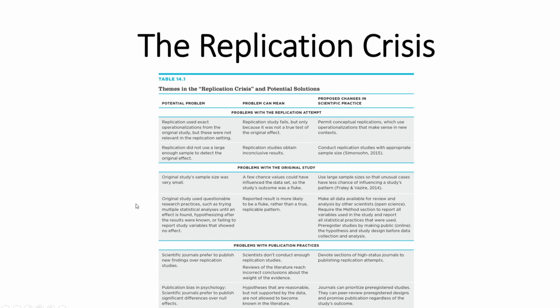We can also have problems where the original study used some questionable research practices. So maybe they ran an experiment with lots and lots of dependent variables. Maybe you were looking at whether money increases happiness, but you also measured life satisfaction and depression scores and 12 other things.